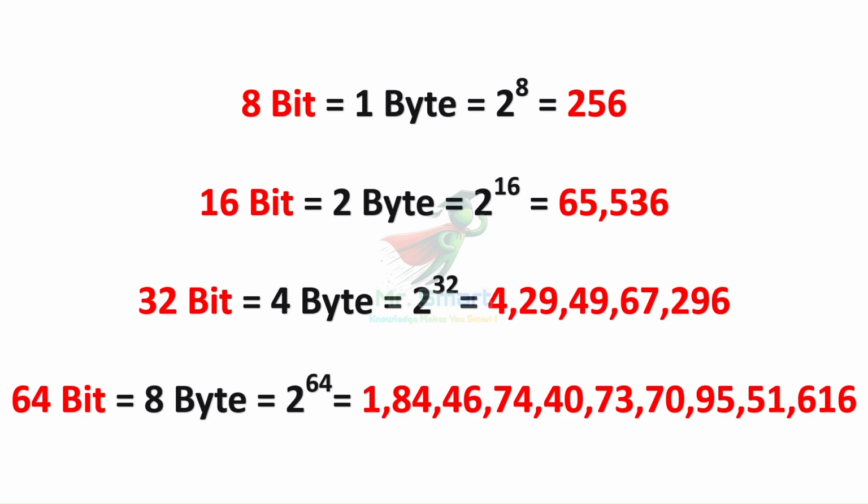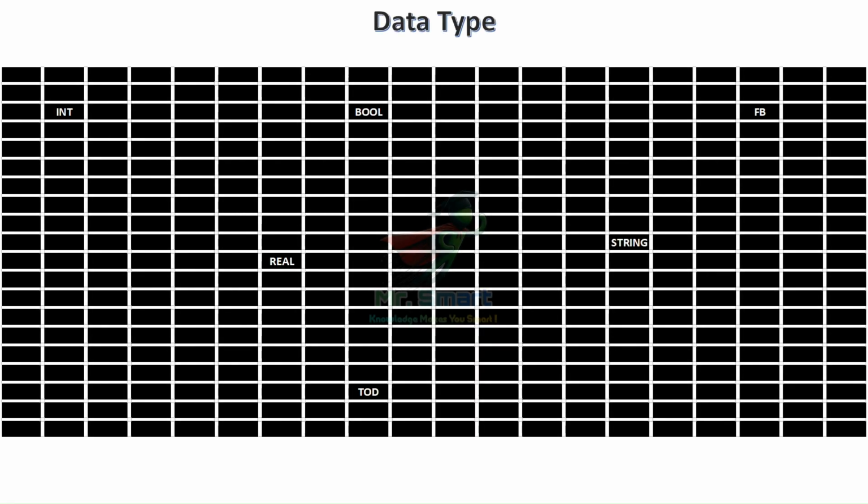So when we talk about data types, we are basically deciding how many bits of memory this variable should use. And this directly affects the range of values the variable can store. You can think of data types like different types of boxes. A small box cannot hold a large object. A numeric box cannot hold text.